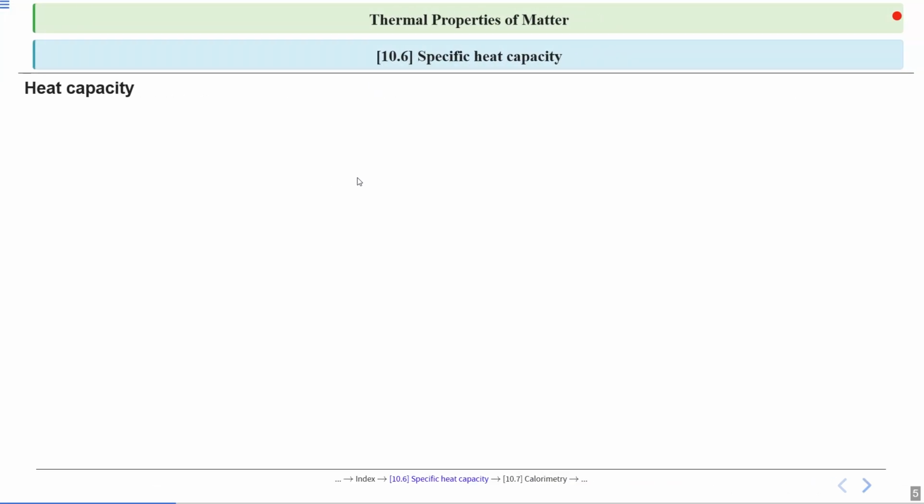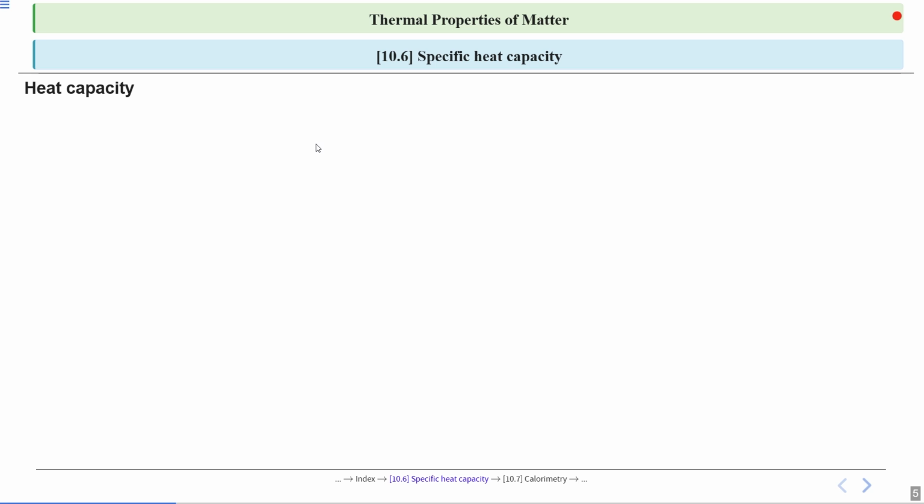So, specific heat capacity. Imagine you have two vessels, vessel A and vessel B. One made of metal and one made of plastic. You pour hot water into both.